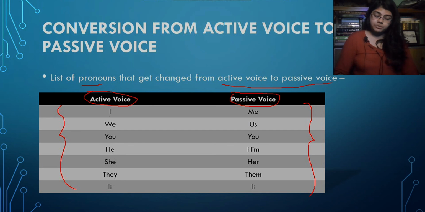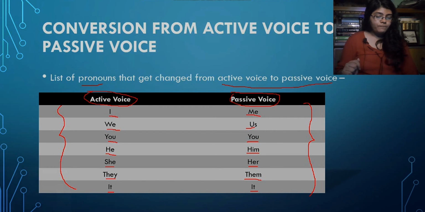If I is present in active voice, in passive voice it will be used as me. We will be us. You will remain you. He will be him. She will be her. They will be them. And it will remain it.